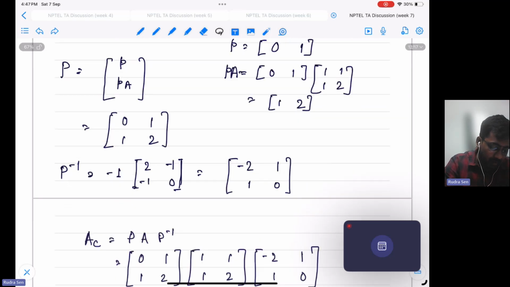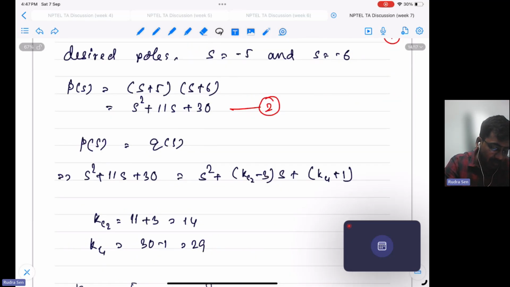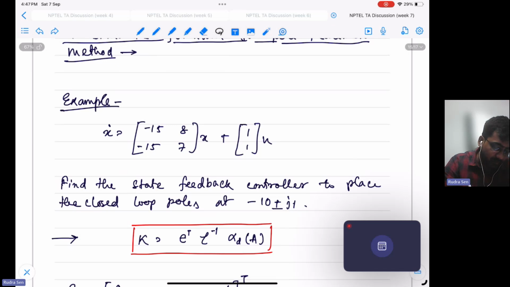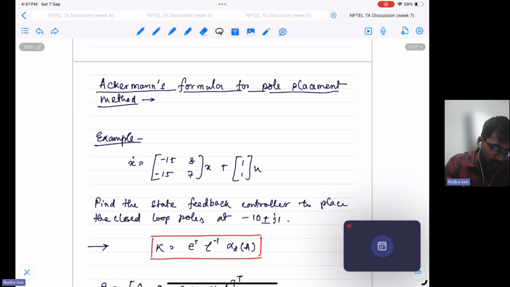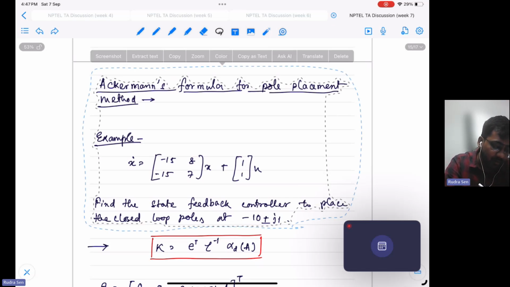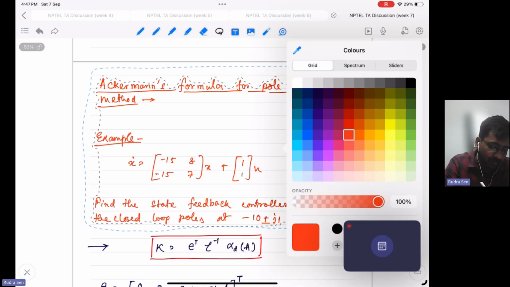And if you are asked to find the value of K using Ackermann's formula, you have to do it in this formula. Otherwise, if it is not mentioned, you can choose any of those, whichever you find easier to solve.